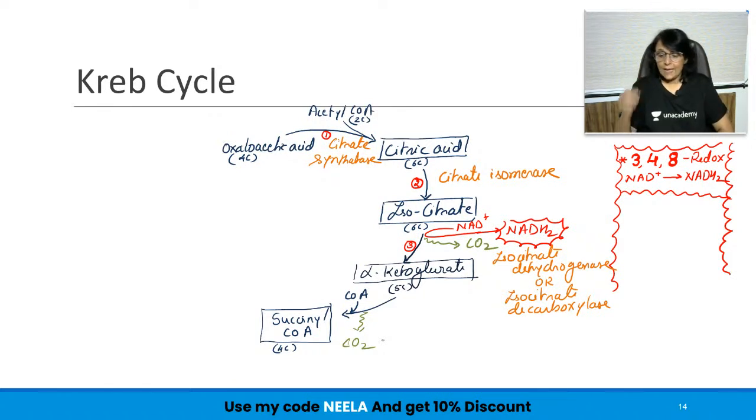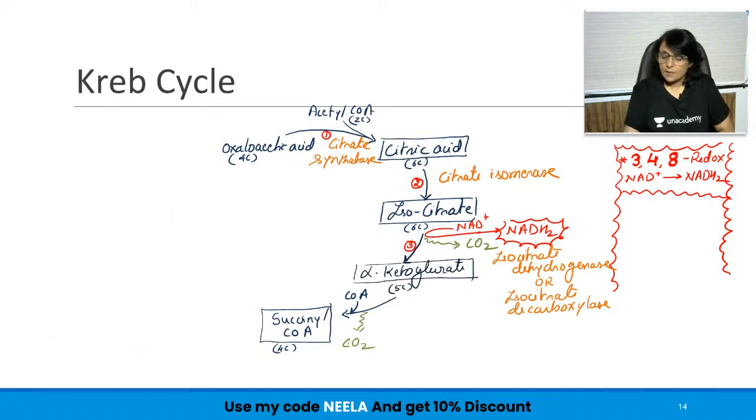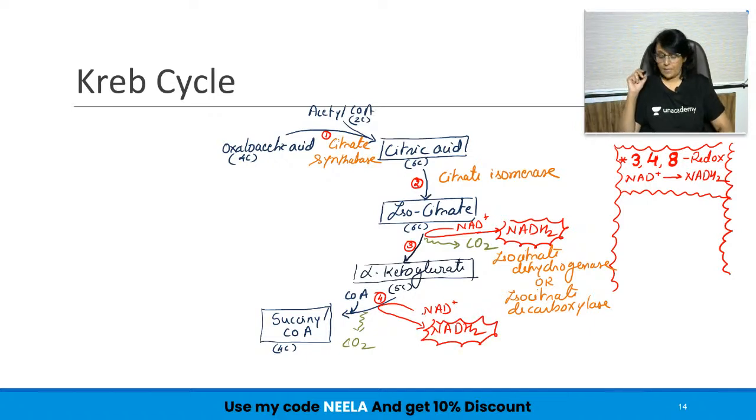Okay, and which is this reaction number? It is reaction number 4. That means it is also a redox reaction. So here also NAD gets reduced into NADH2. That means here also we obtain one NADH2.